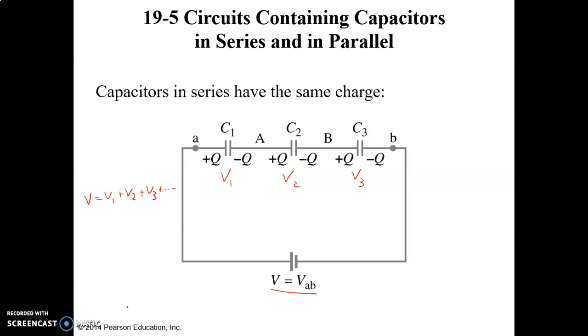But we saw with resistors that the current in a series circuit is the same through each resistor. Likewise, the charge produced by your terminal is going to produce equal amounts of charge on each capacitor. This has everything to do with the fact that currents are the same throughout the whole series circuit.